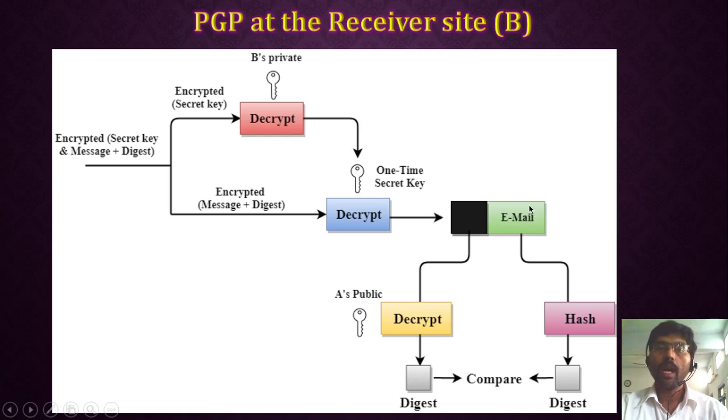So I create a hash code of this email using a SHA type algorithm, create a message digest, and compare it with the message digest sent by the sender. If both match, that means the email was not modified.